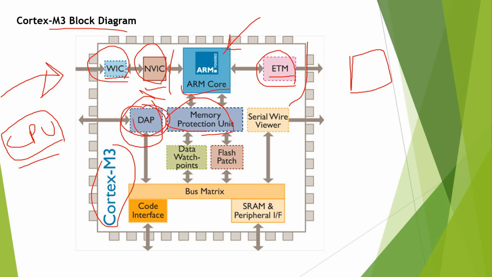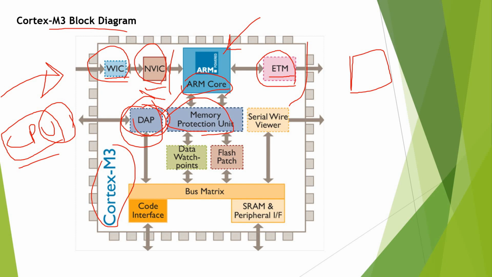This module acts like an interface between the host debugger or host hardware that provides the commands to read or write the memories, the CPU registers, the internal system blocks and even the internal core registers.